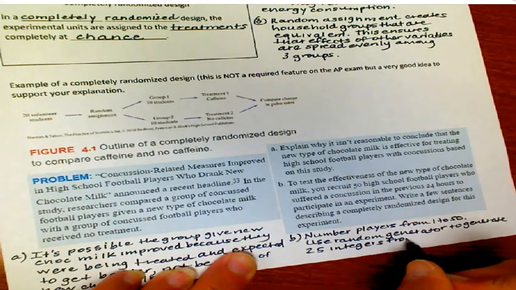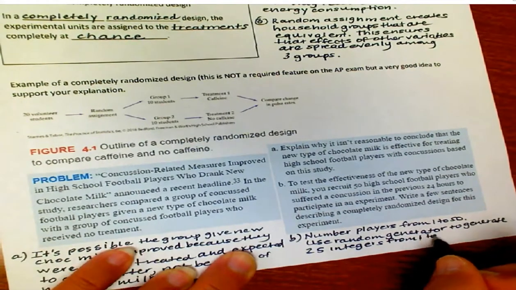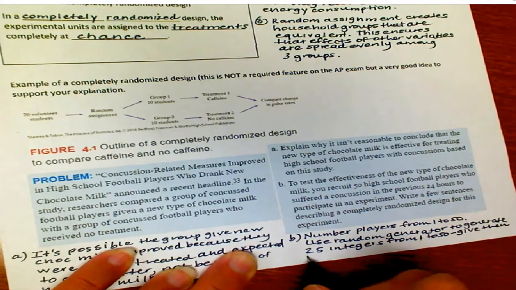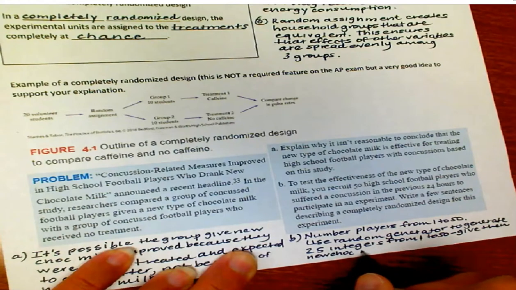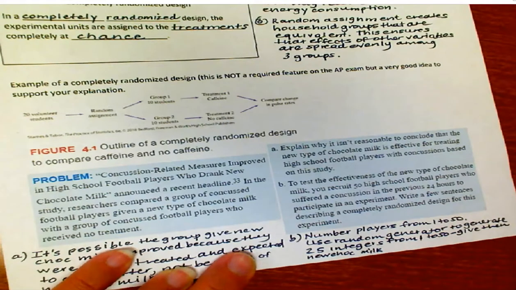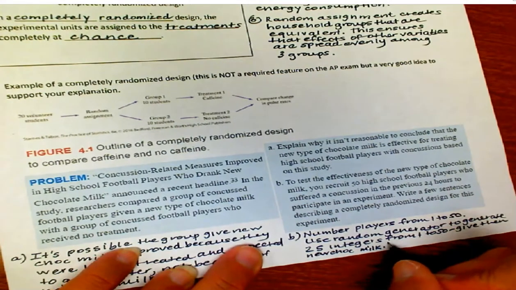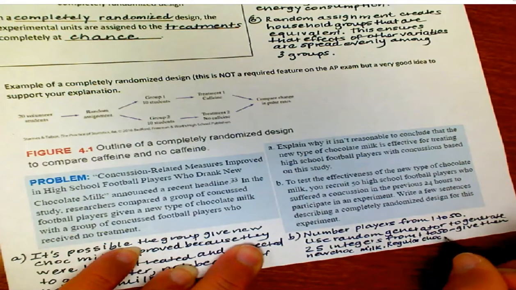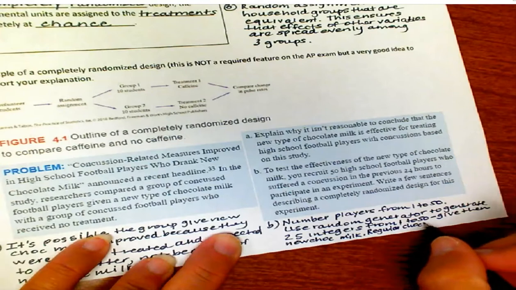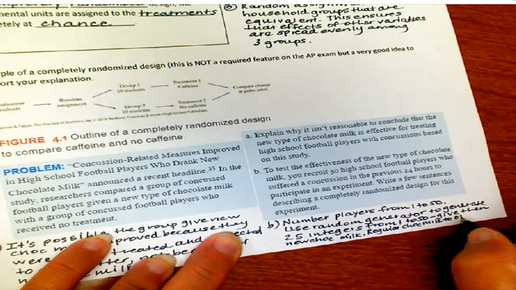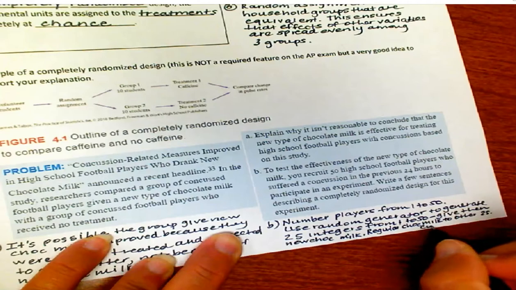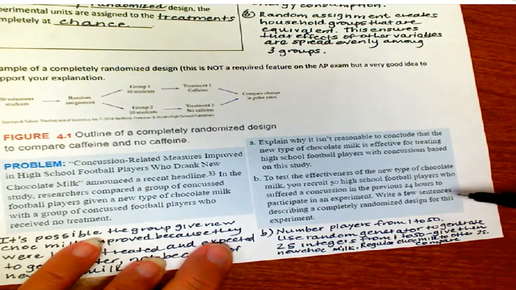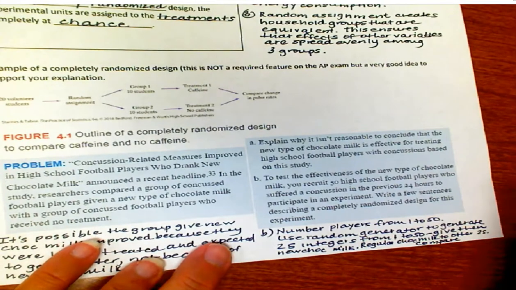Give those players the new chocolate milk, and give regular chocolate milk to the other 25. And then you compare, obviously. Okay, so that's how you talk about how you would make it completely randomized. That's what you could do.